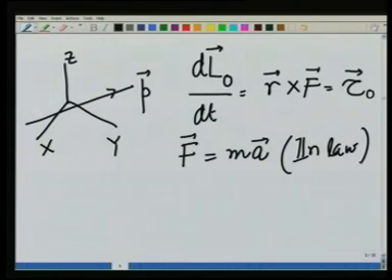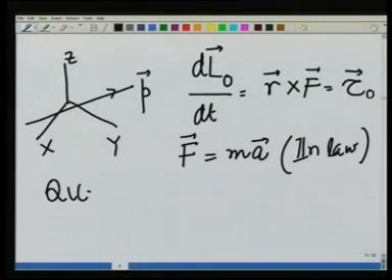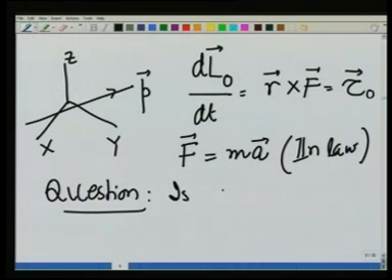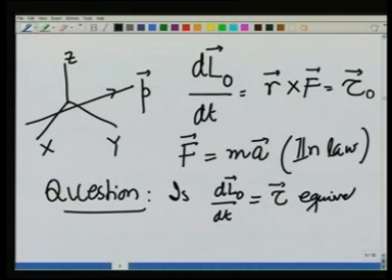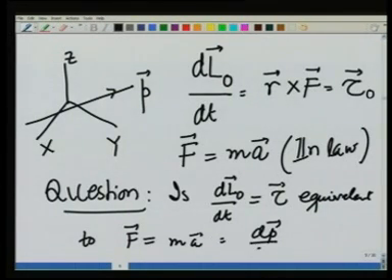Except that now, instead of talking about change in momentum, I am talking about change in angular momentum. Are the two equivalent? So, the question we now have is: is dL/dt equals tau equivalent to F equals ma or dp/dt?